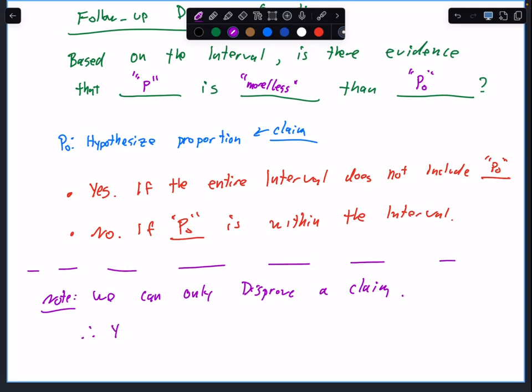Therefore, yes equals that the claim is false.